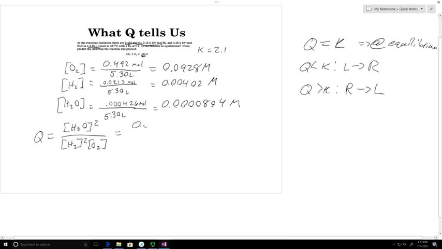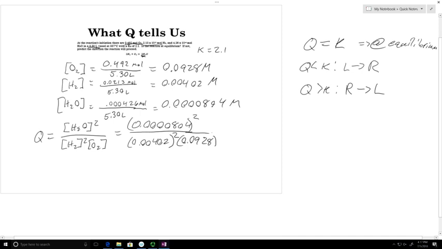So for H2O, we have 0.0000804, and that's all squared, over 0.00402 squared times 0.0928.